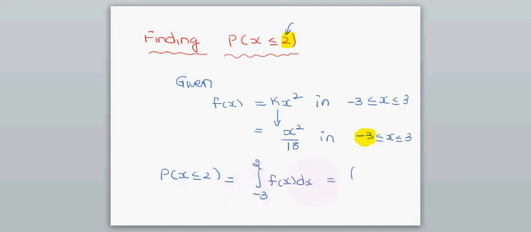When you simplify this, f(x) is x²/18, and the integral from -3 to +2 of x²/18 dx is what we are supposed to evaluate.